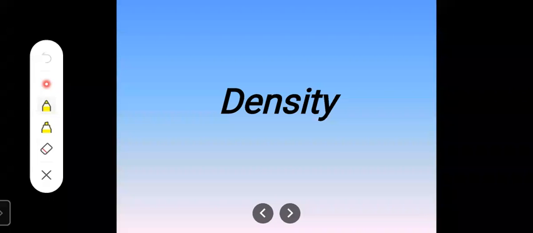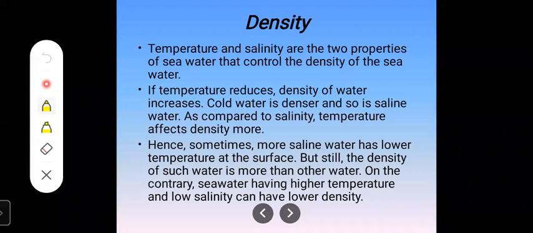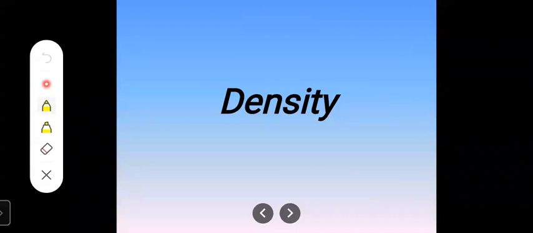Now, see the example here. Solids have more density because of their molecules. For example, in the liquid state the density is less.